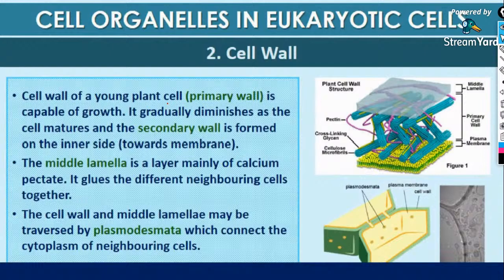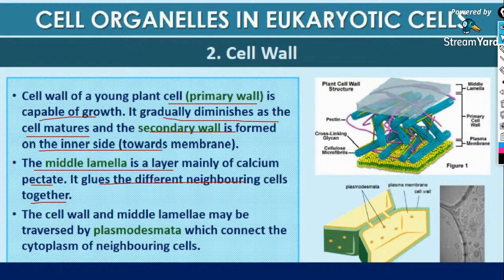The cell wall of a young plant, that is the primary cell wall, is capable of growth. It gradually diminishes as the cell matures, and the secondary wall is formed on the inner side towards the membrane. The middle lamella is a layer mainly of calcium pectate. It glues the neighboring cells together.